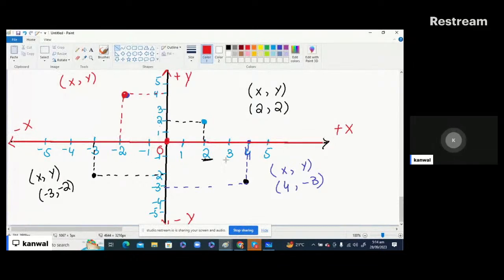This axis is x. So what are the point on this x? That is -2. And what is on the y? On the y, this straight vertical line, okay, that is +4. In this way we just need to find out all the points. Got it? This is basically your all four coordinates.